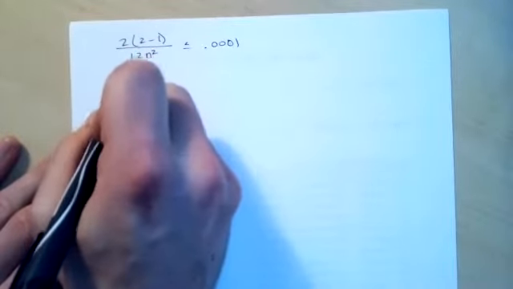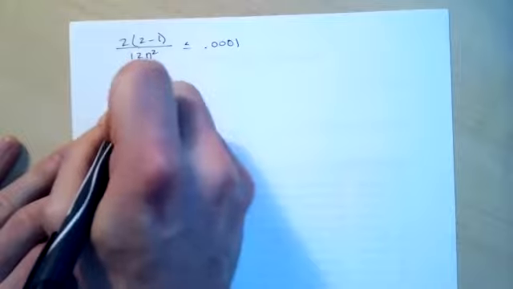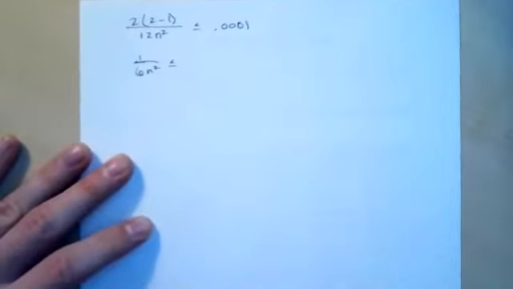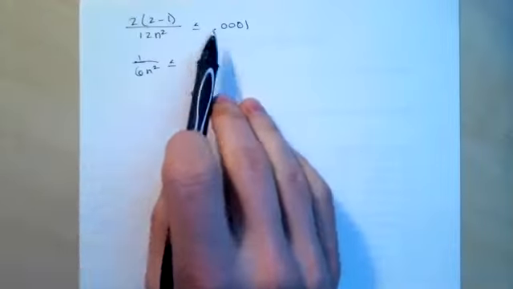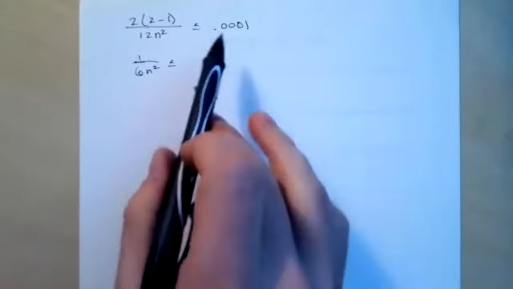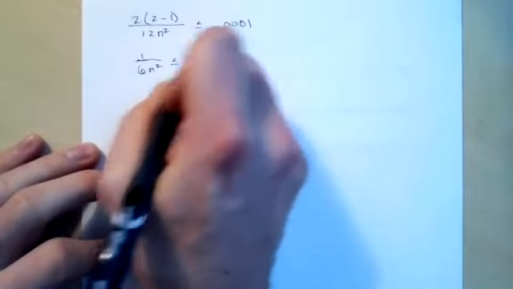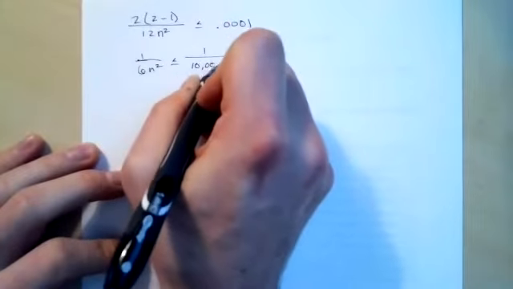So of course we've got 2 over 12, which is 1/6, n squared in the denominator. Doing these by calculator, of course, you can get the numbers. General rule I follow, if a problem gives you decimals or has decimals in the problem, it's fair game to use a calculator. So feel free to use a calculator. Since I don't have one handy, numbers are easy enough. That's just 1 over 10,000.